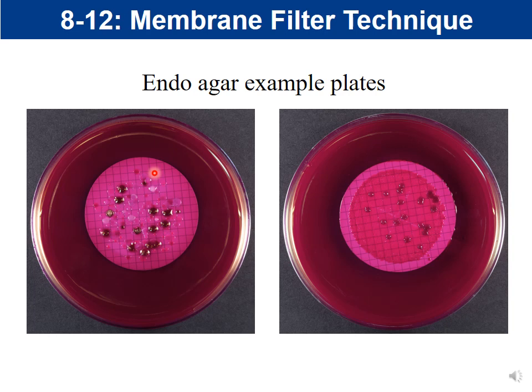And that's why having the multiple tube fermentation is also important as a confirmatory test, because this says there could be, right? It's presumptive positive, but we would need the multiple tube fermentation in order to confirm it. And so this is our endo agar. And so membrane filter and endo agar go together. Those two tests go hand in hand.